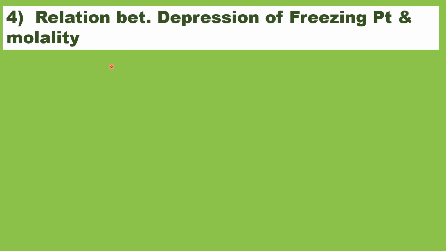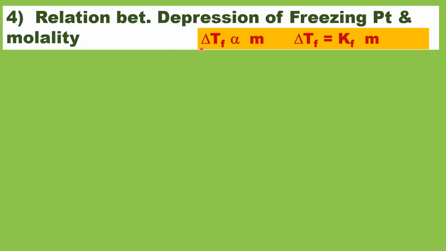Next question. Give the relation between depression of freezing point and molality. As you know, the depression of freezing point delTf is directly proportional to molality of the solution, and delTf equal to Kf m. Kf is the proportionality constant.